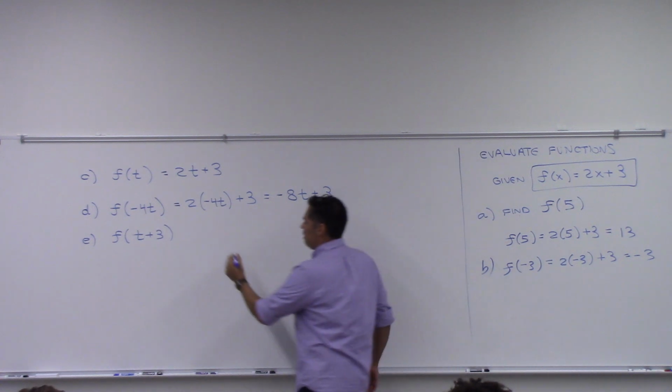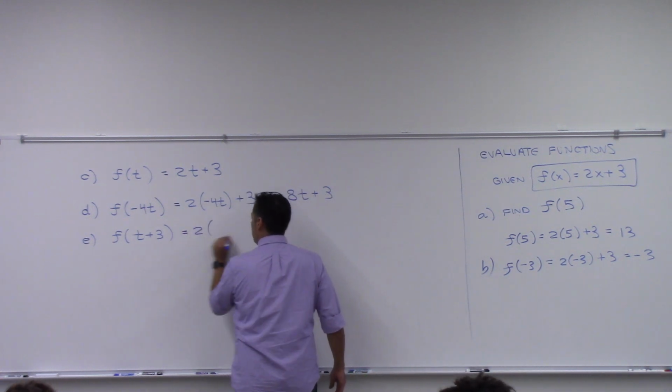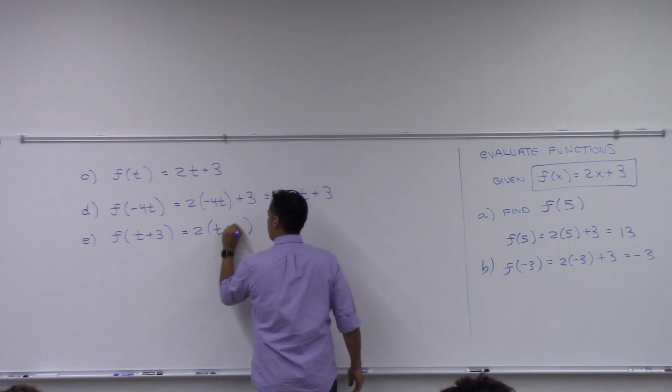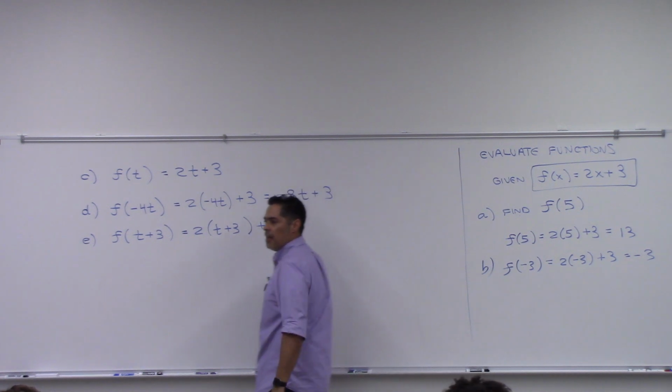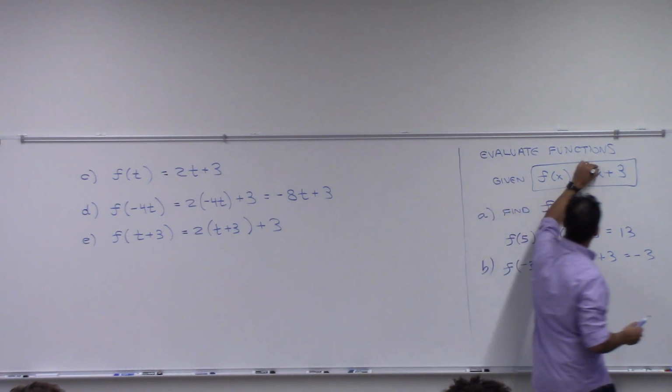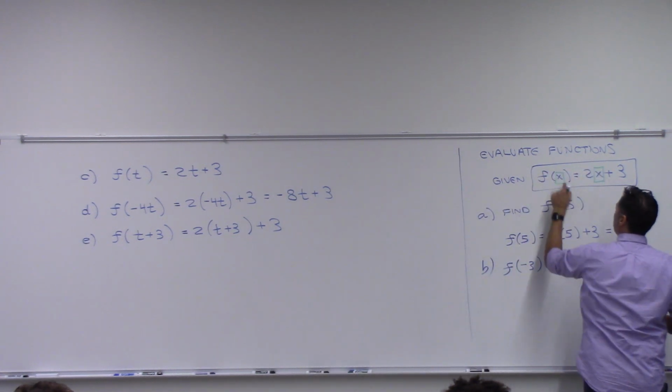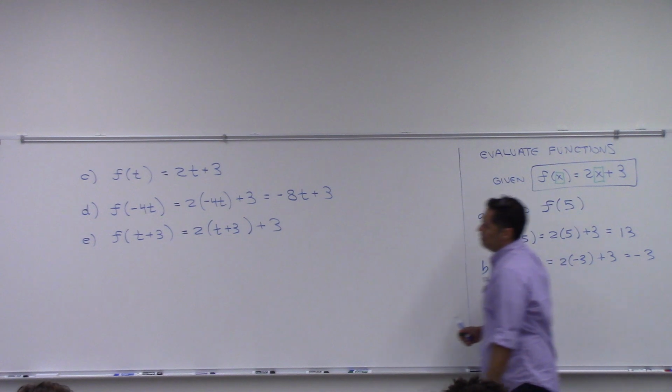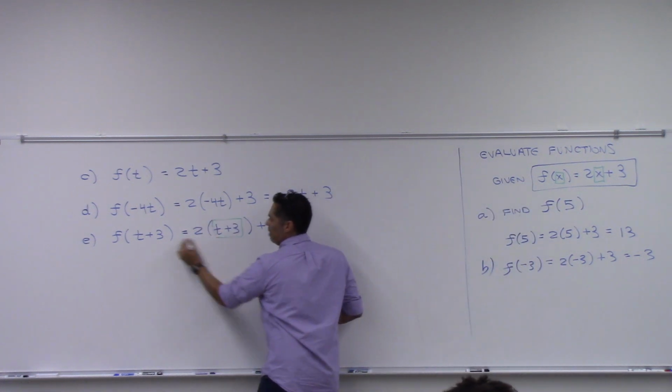So I'm going to write it like this. 2, replacing the x with t plus 3, and then plus 3, right? That's me replacing the x. I'm replacing this x right here. That right there is what's being plugged in. I replace that x with the t plus 3.